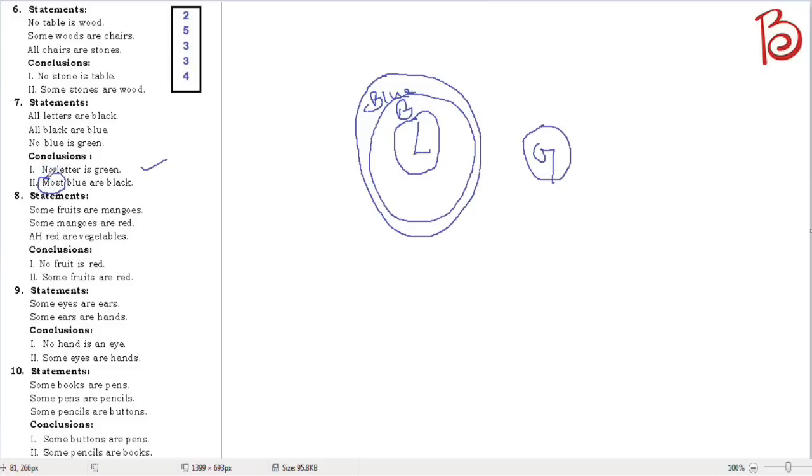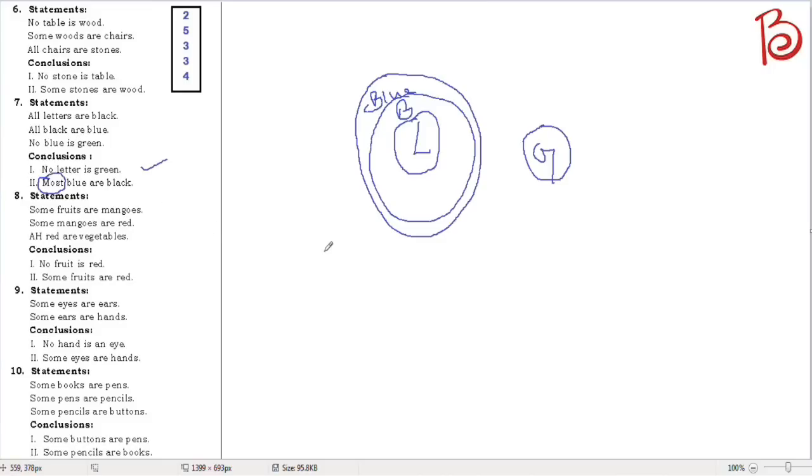What does most mean? Okay, most means it's not complete. You can say 75% is most, or 90% is most, or 99% is most, but not 100%. 100% means everything. If it is most, then it is 78% or 99% or 50%, more than 50%.